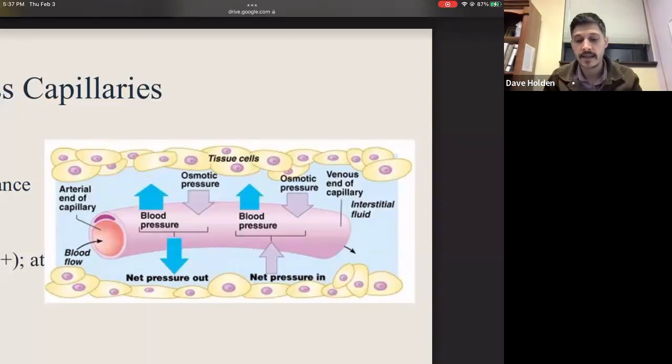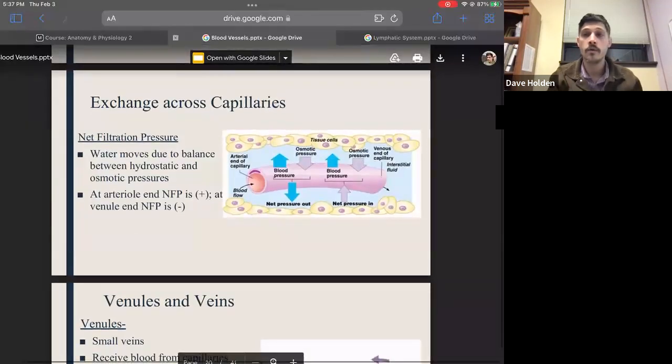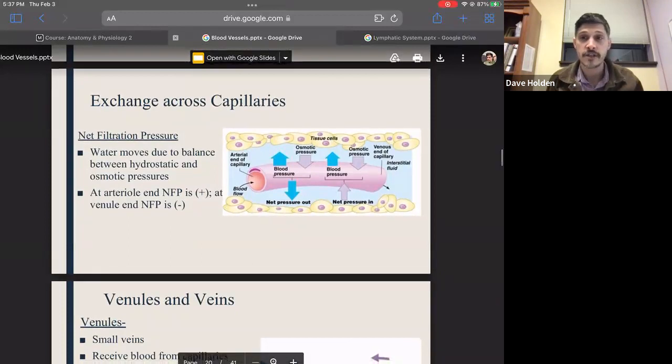We saw something like this when we talked about lymph, and how blood plasma leaks out of the vessel and becomes interstitial fluid, and then it's taken back in to the vessel. But some of that fluid doesn't get pulled in, it stays out, and that is eventually going to be lymph. So high pressure going in will push substances out of the vessel, and lower pressure will pull substances back into the vessel. This is the process of filtration.